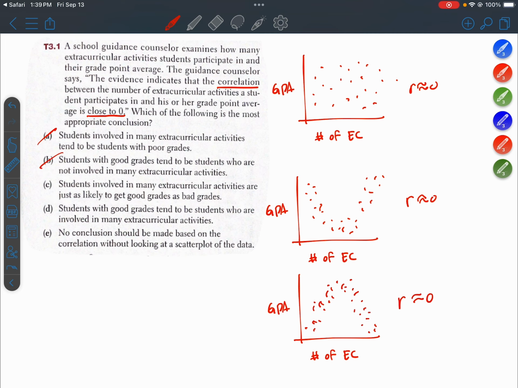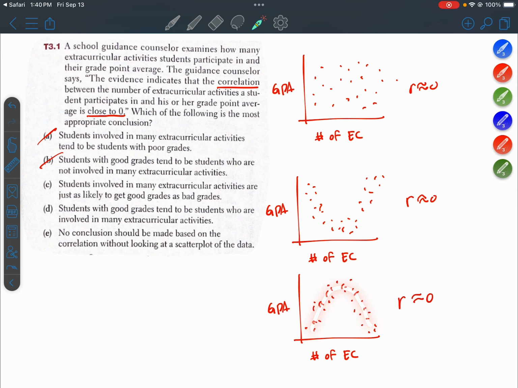Okay. Right, C, students involved in many extracurricular activities are just as likely to get good grades as bad grades. Well, again, it's hard to say for sure. If this is the relationship here, then students that are involved in many activities actually tend to get good grades.